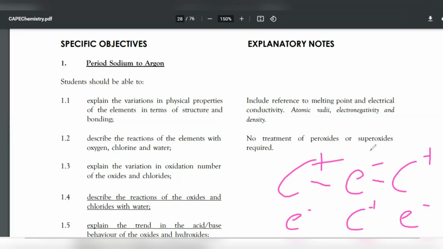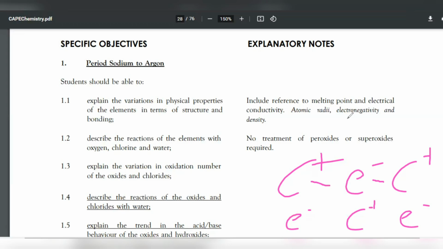So the cations are close together. When you think about density, you're thinking about closeness of the particles. Are the particles close or far away from each other? In the case of metals, they are close because of the strong force of attraction. For chlorine, there are weak interactions, weak van der Waals forces, and so therefore it's going to be a gas.